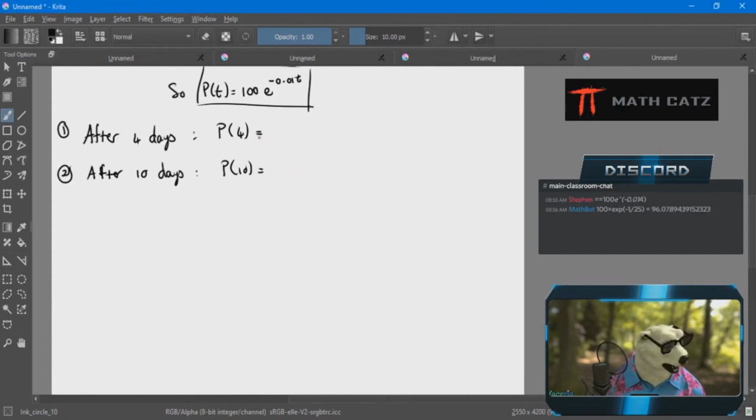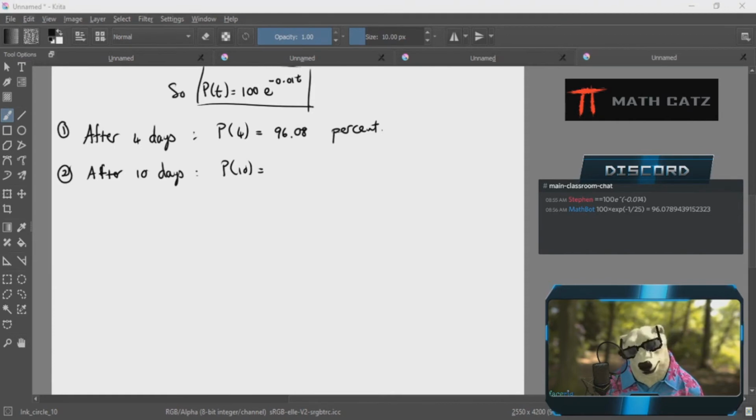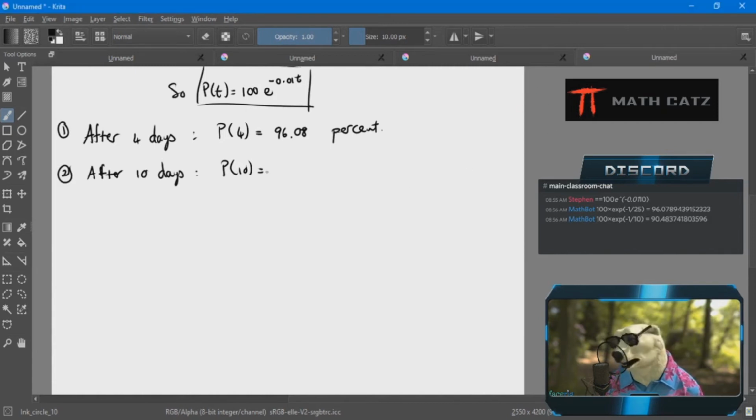So for the first one, I get 96.08, and the unit here is percent. And for the other one, we get 90.48%.